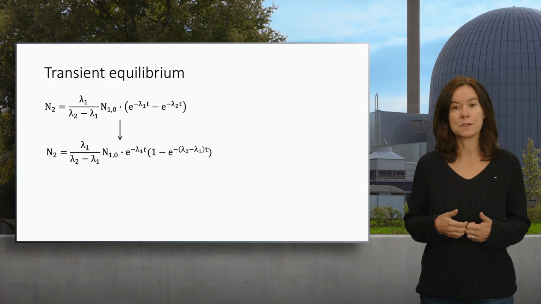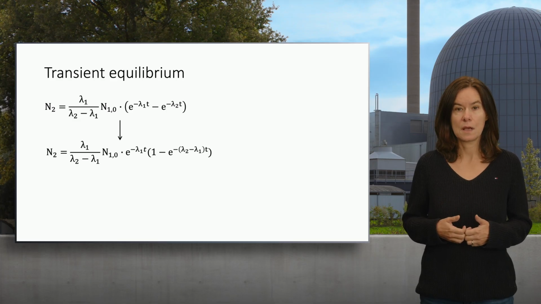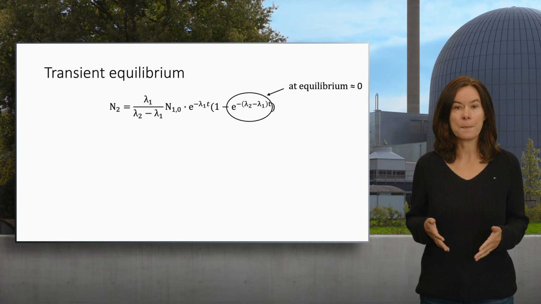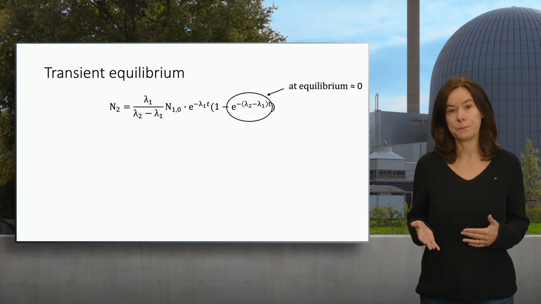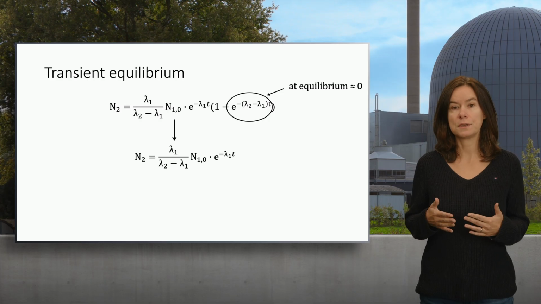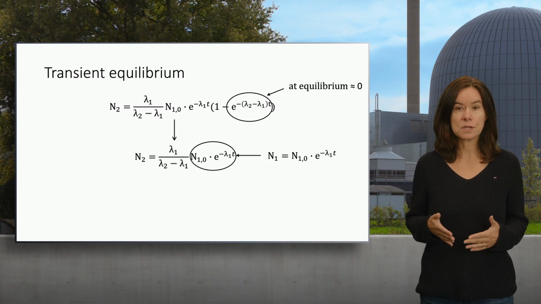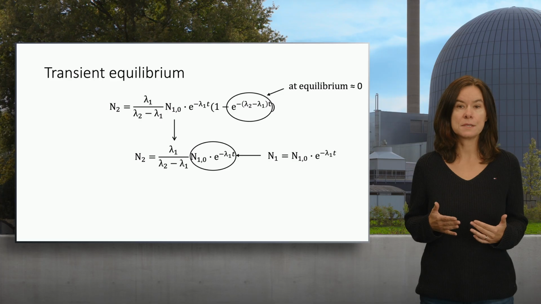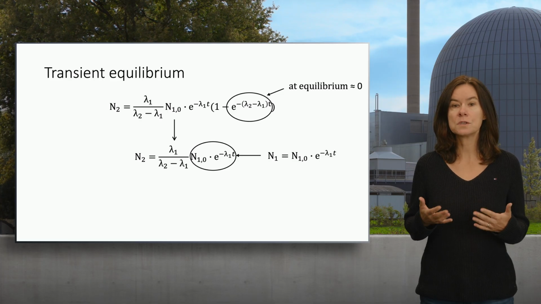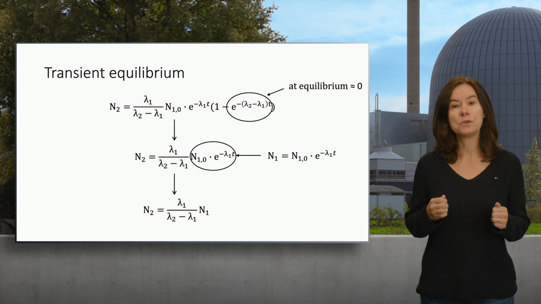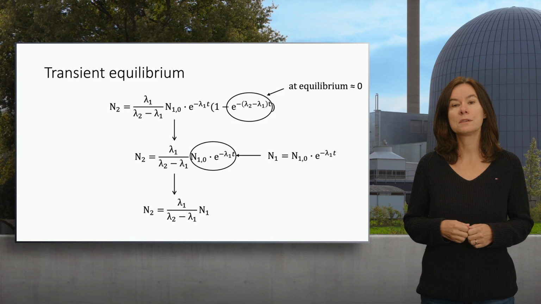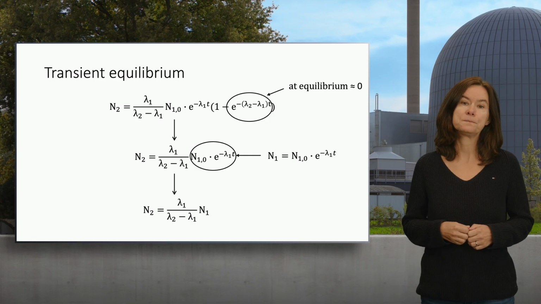We can modify this equation by taking exponential decay of the mother out of the brackets. After sufficiently long time, so when equilibrium is attained, the circle term will become 0, which leads to this simplified equation. This equation can be further simplified by replacing this term by the number of atoms of the mother, resulting in this equation valid for transient equilibria, which you can use to quickly calculate the number of atoms of the daughter at equilibrium.